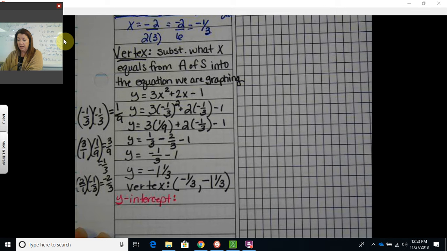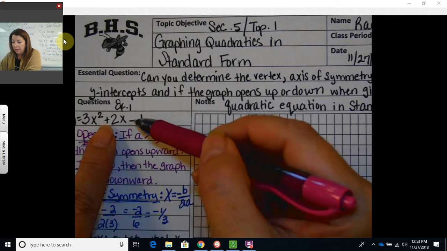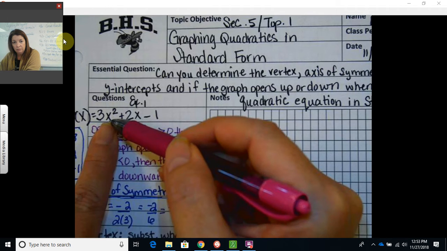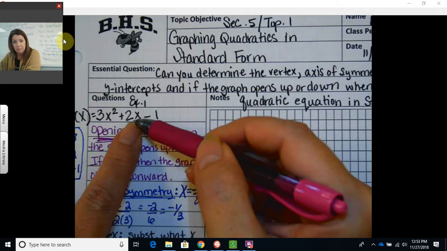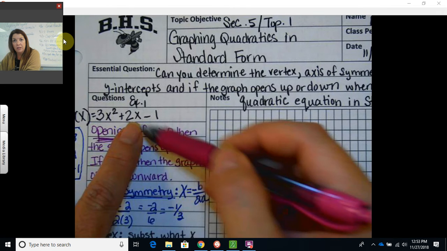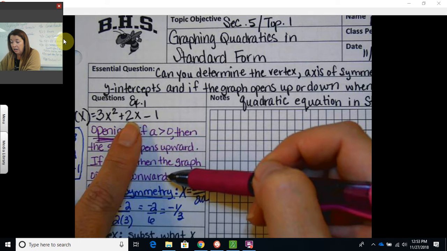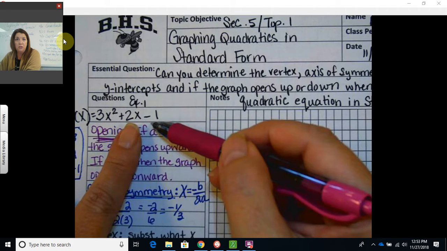If my equation, here's my equation. If I plug in a 0 everywhere I see an x, what's going to happen to my first term? 0. What's going to happen in the middle term? 0. What are we going to be left with? Negative 1. So you can do that every time, or you can just know that your y-intercept is whatever the value of c is, okay?